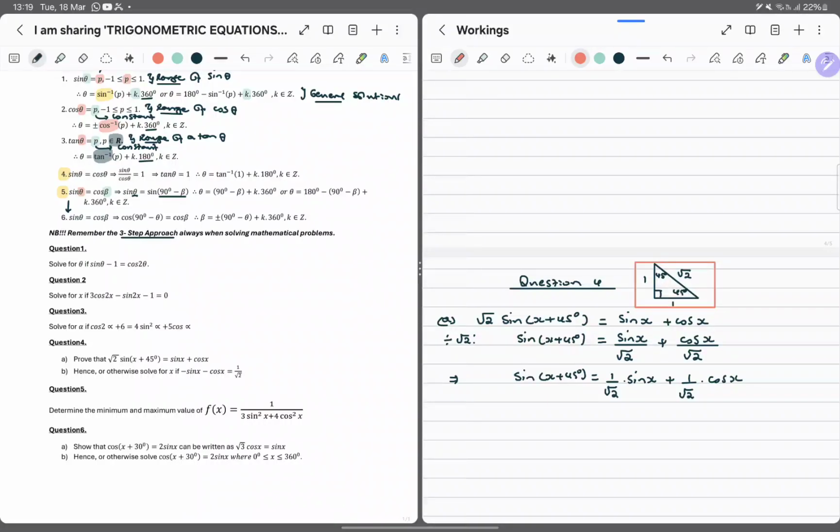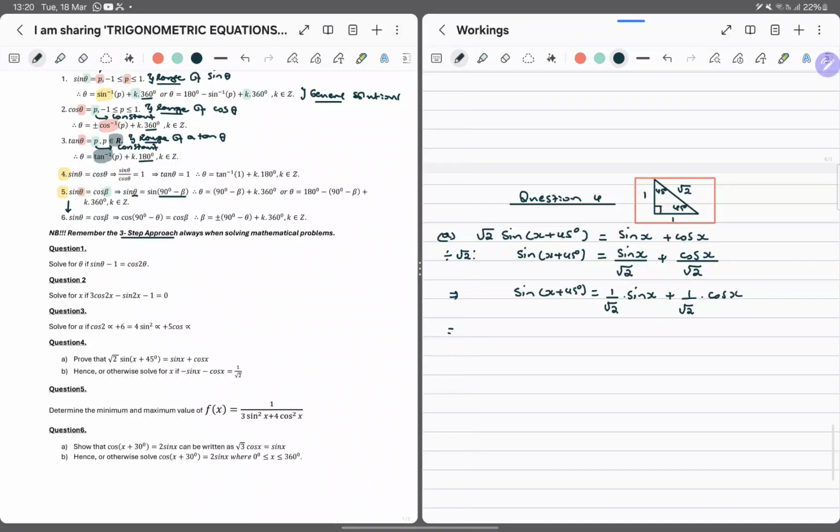That smell is good. It is a smell of meat. So this implies that sine of x plus 45 degrees is equal to, now remember, if we say this is a sine, we want to change this into the sine compound angle expansion.